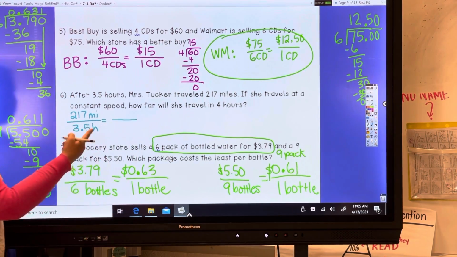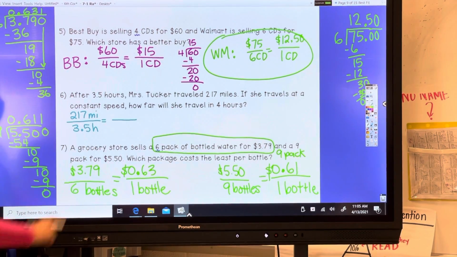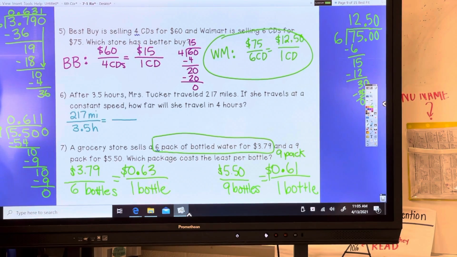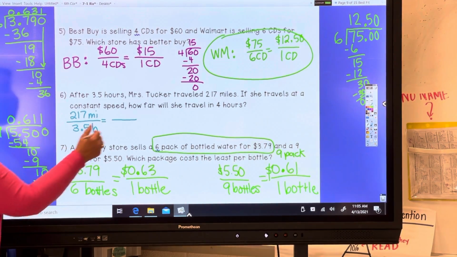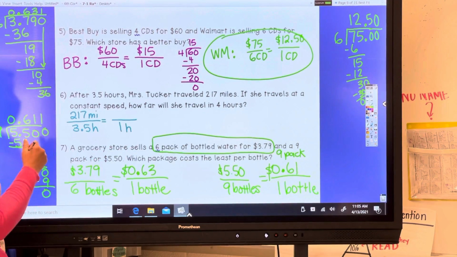But can I get from 3.5 to 4 easily? What am I going to multiply by? Who knows, right? So let's figure out how far she travels in 1 hour.